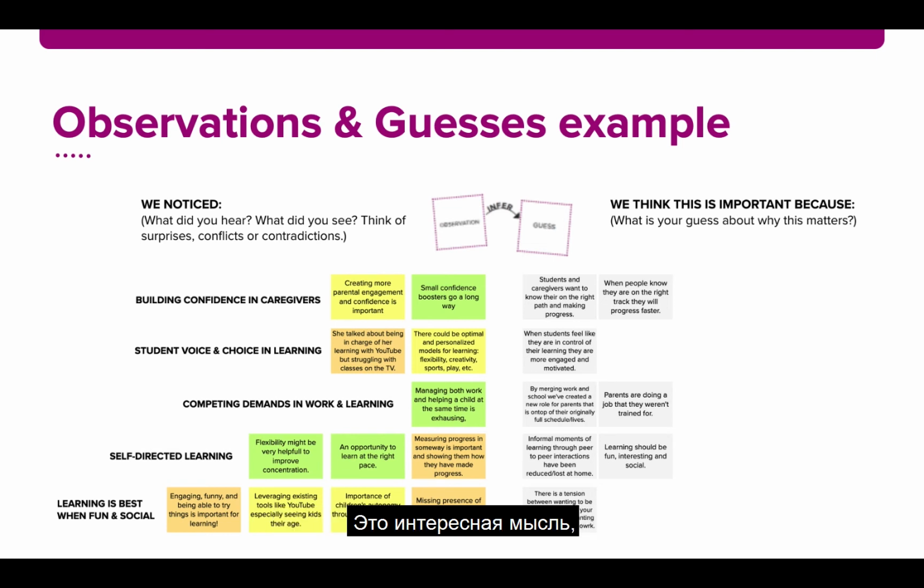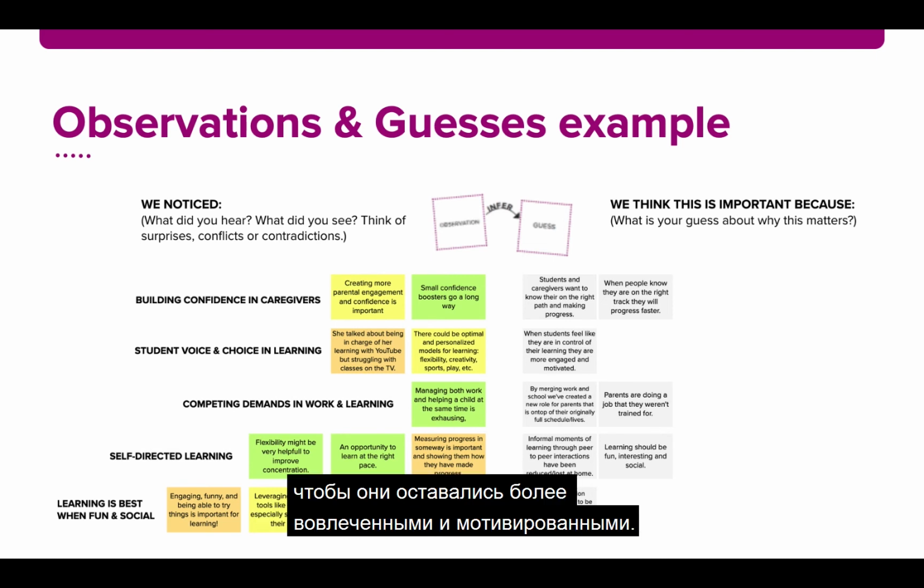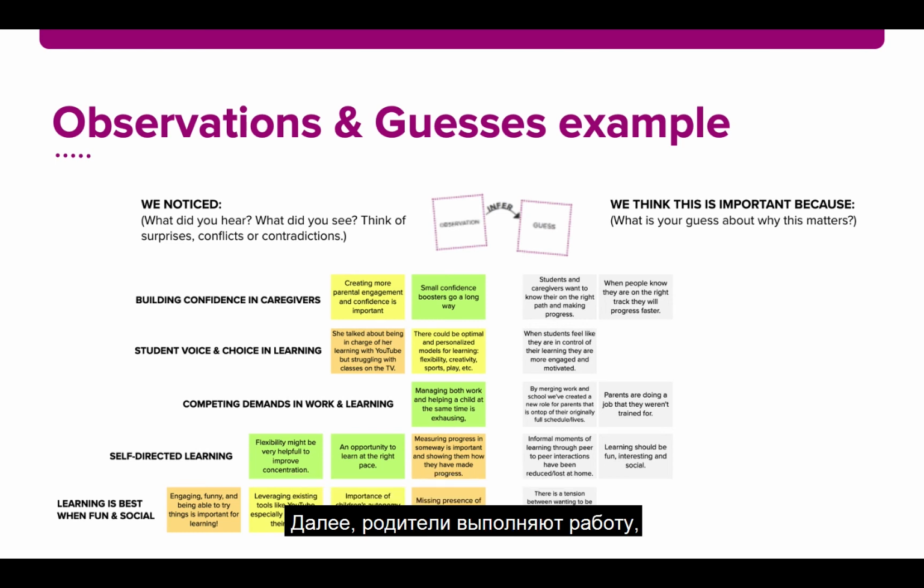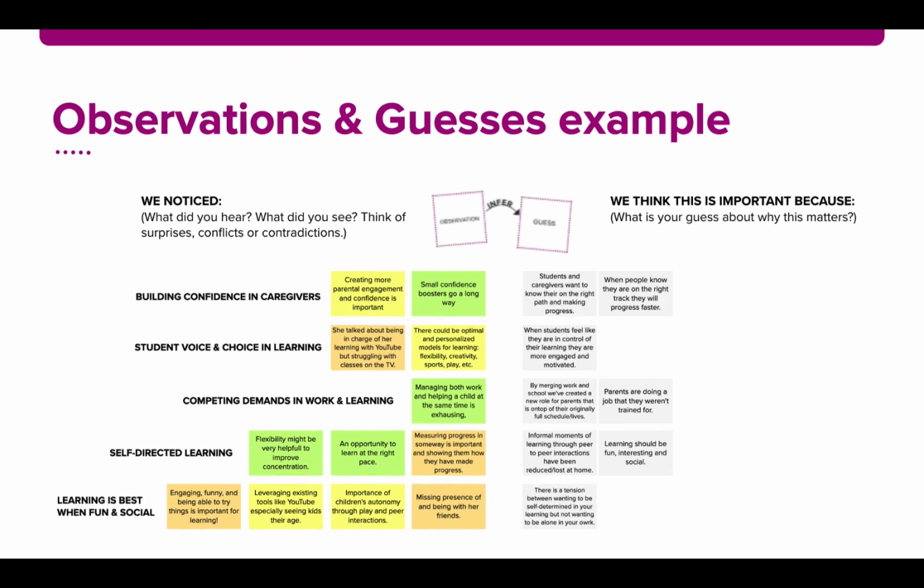Hmm, this is an interesting insight, which leads me to think that maybe there's an opportunity for us to put the learning more under the control of the student for them to stay more engaged and motivated. Another one is parents are doing a job that they were not trained for. Well, this is also interesting, and it unlocks a range of opportunities to improve upon this particular challenge we brought as an example.